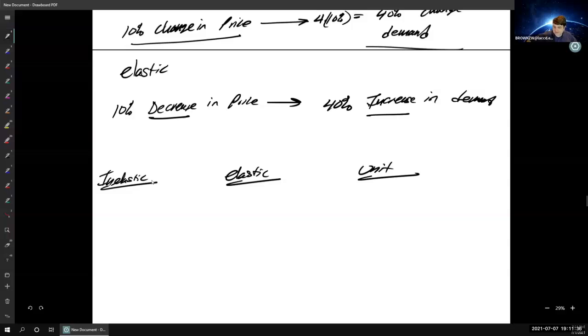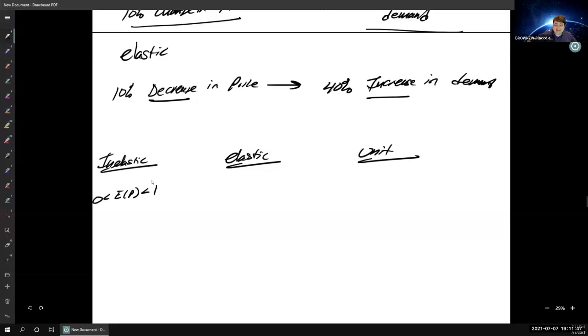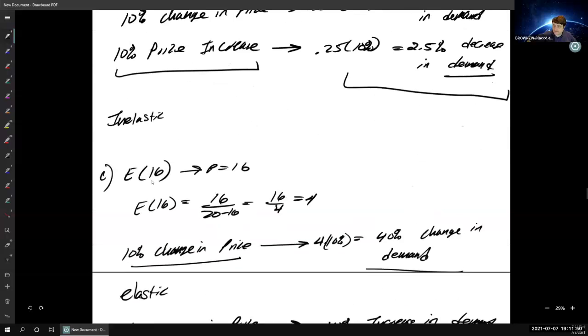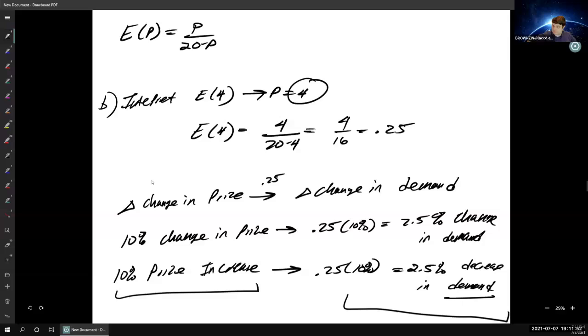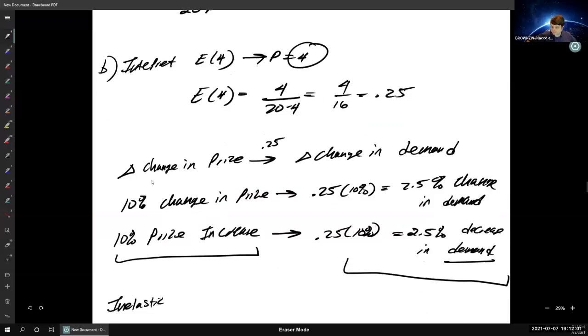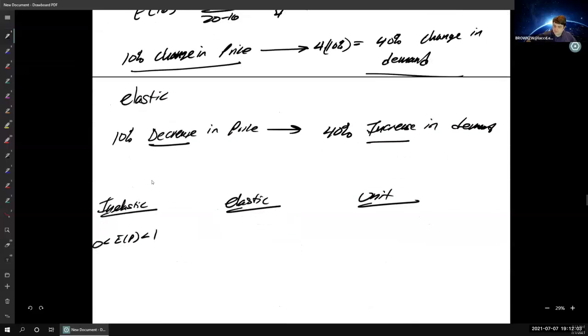Inelastic is anytime we get this function to be between 0 and 1. Basically you get a decimal between 0 and 1, and that's what we got in part B. That 0.25 means that there's a smaller change in demand compared to the relative change in price. So if you get a decimal between 0 and 1, that's inelastic.